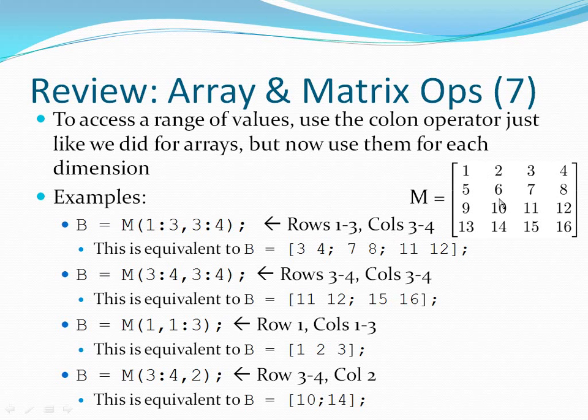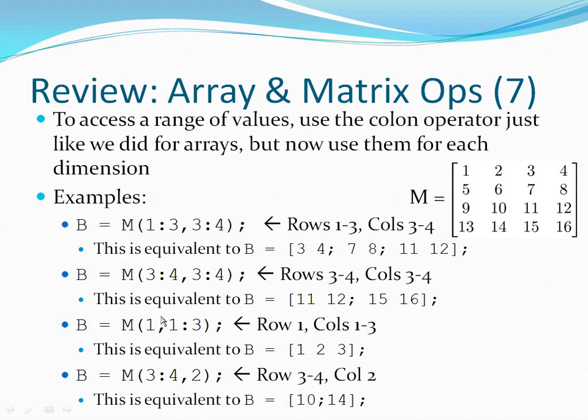Very simple. All right. And then if you wanted to access rows 3 to 4 and columns 3 to 4, it'll be this matrix. You do 3:4, and then 3:4, and then you get this. Right? It's 11, 12, 15, 16. If I wanted to, you don't have to specify a colon operator for each dimension. If I just wanted to extract a single row, you do 1, so this is for the first row, and then columns 1 to 3.